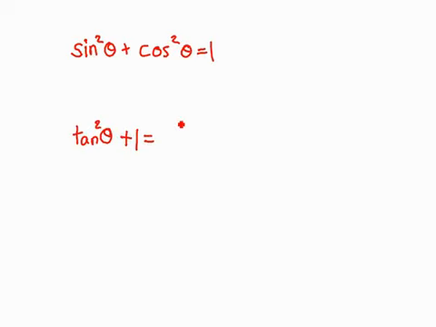And 1 divided by cosine of theta squared is, well, 1 divided by cosine, I said, was secant. So secant of theta squared. So this is just another identity. That's all this is.